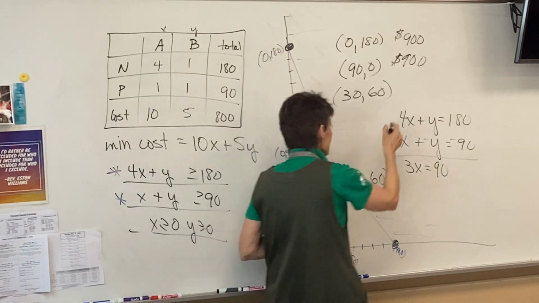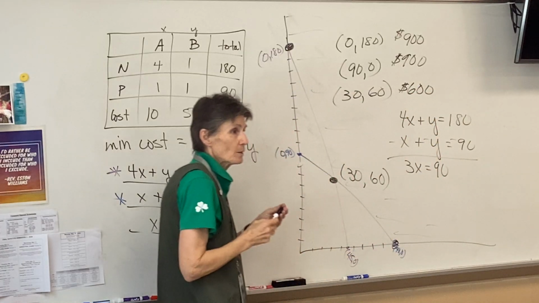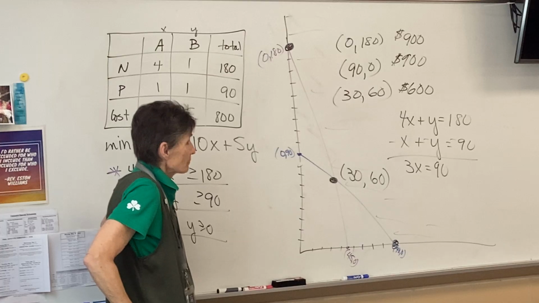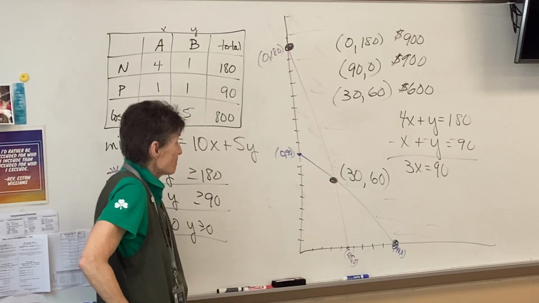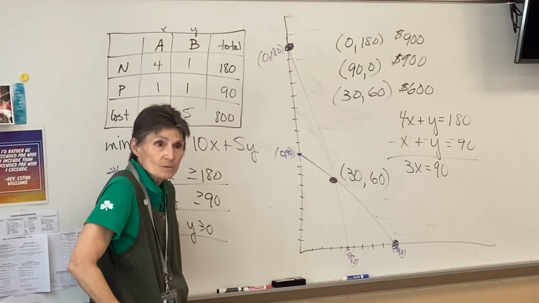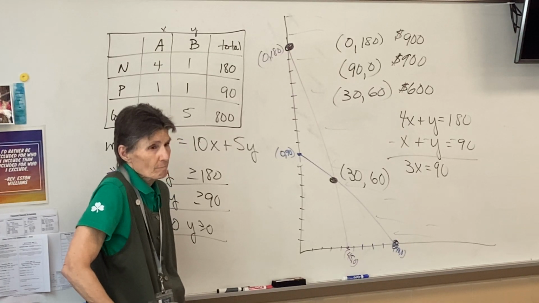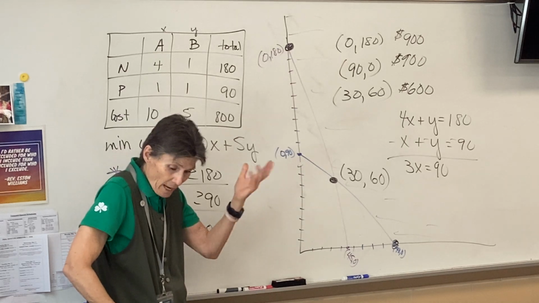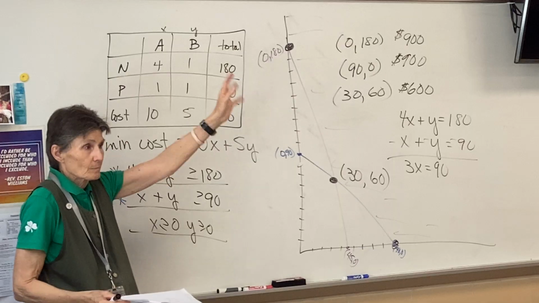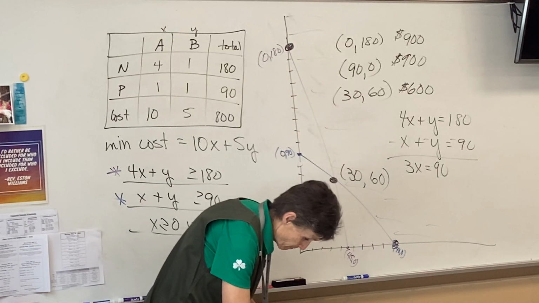Does that work out to be 600? Here's what you're gonna do. You're gonna buy 30 bags of A and 60 bags of B, and it's gonna cost you $600. I don't know who asked for that, but whoever asked for it, good? All good? All right, let's do another one, mark that off.